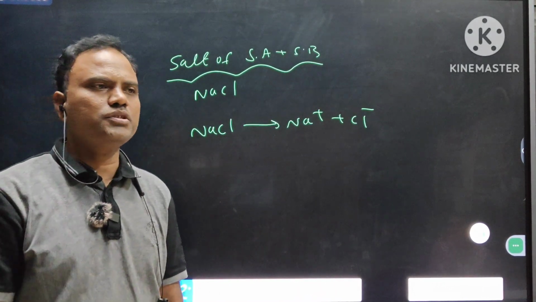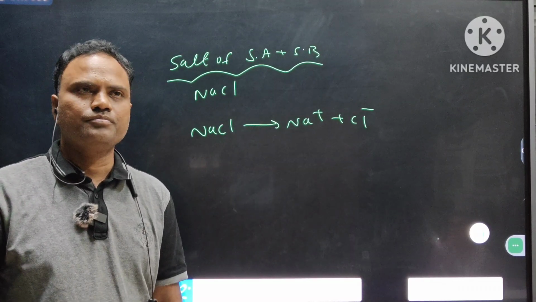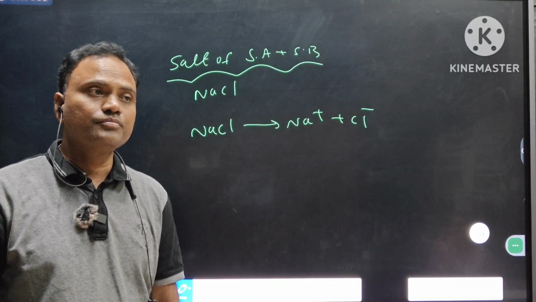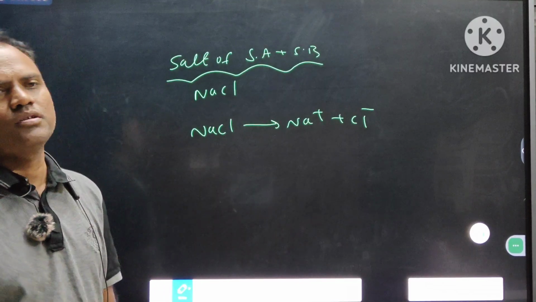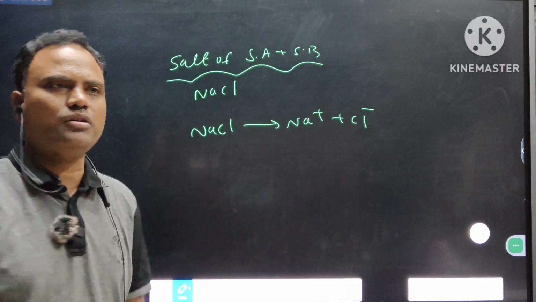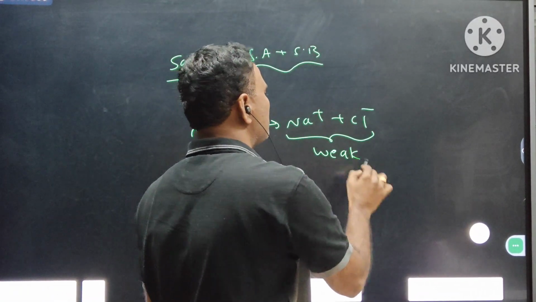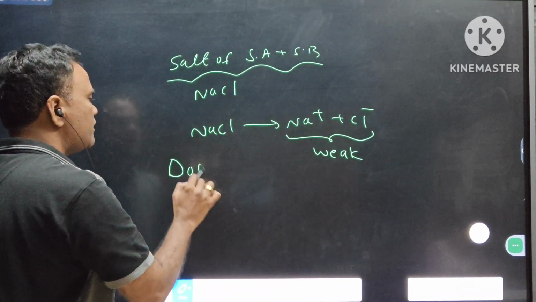Which is strong, which is weak, or both are weak? Both are weak, in the sense that Na plus comes from sodium hydroxide and Cl minus comes from HCl, both strong, so they do not undergo hydrolysis.